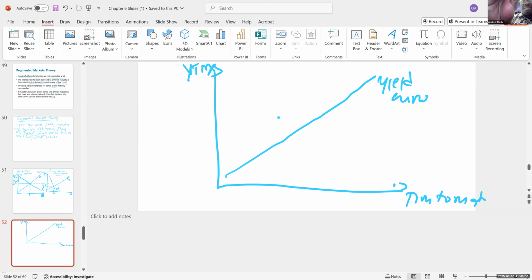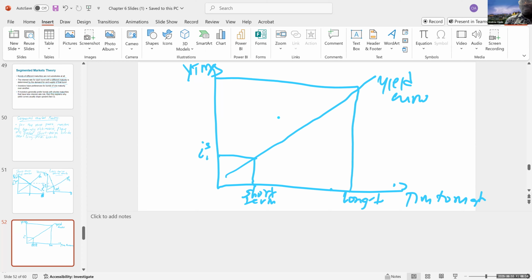Because from the previous diagram, short-term bonds, like a 1-year bond, interest rates are going to be lower, while interest rates on long-term bonds are going to be above. This is long-term bonds. Interest rates are going to be high. That's going to guarantee that the yield curve almost always slopes upwards.